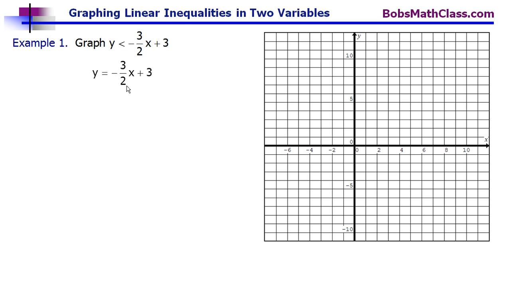If you want to use the slope and the y-intercept, that's fine. Y-intercept is 3. Slope is negative 3 halves, which means down 3 over 2. I'm just going to pick some points here, just do the calculations. Okay, what values should we choose here for x? The denominator is a 2, so I would try to pick even numbers and always start with 0. So 0, 2, and 4.